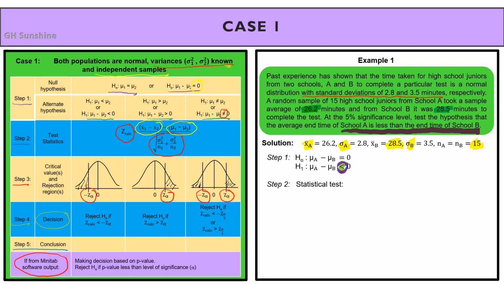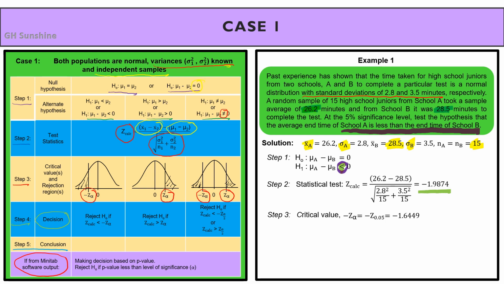Second step, calculate the Z calculation value. Substitute all the values, and at the end the final answer for Z calculation is equal to negative 1.9874. Step number 3, find the critical value.